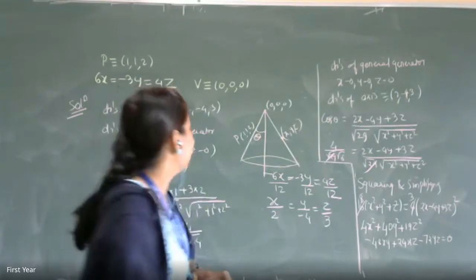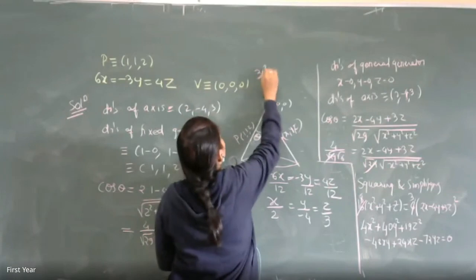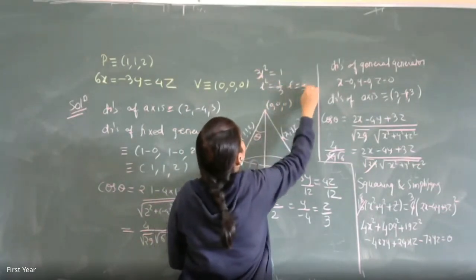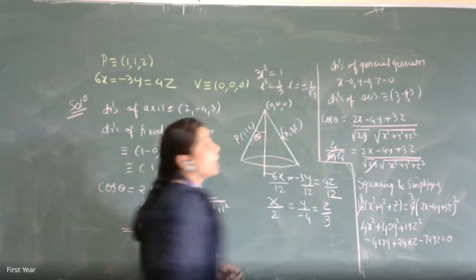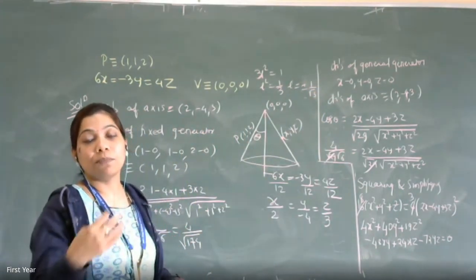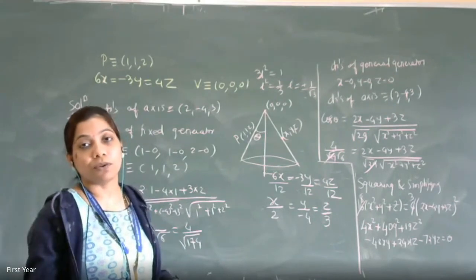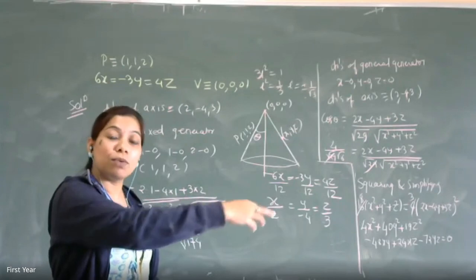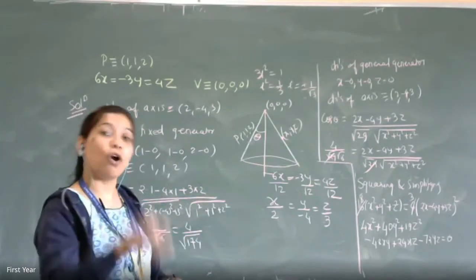3l square will become equal to 1. So l square will become 1 by 3 and therefore n will be plus or minus 1 by root 3. The numbers which are proportional, all of them will be equal: plus or minus 1 by root 3, each. So what are the direction ratios? Proportional to these numbers, but they are equal. So the numbers which are proportional also will be equal.